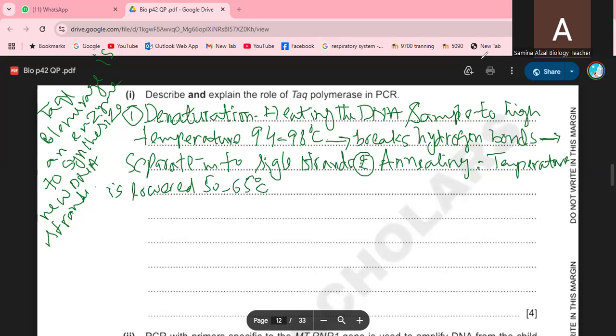So it will allow the short DNA sequences, primers, to bind to the complementary regions on the single strand DNA.